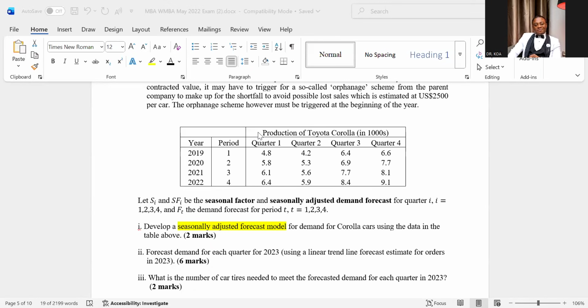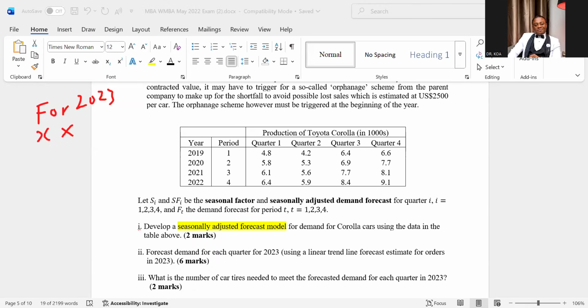Just follow me here. Because this is where the difference comes with some other people. Okay. So if we are doing it for 2023, you have to take the X, which is the number of tires, multiply that by the seasonal forecast, because the question was about forecasted demand.